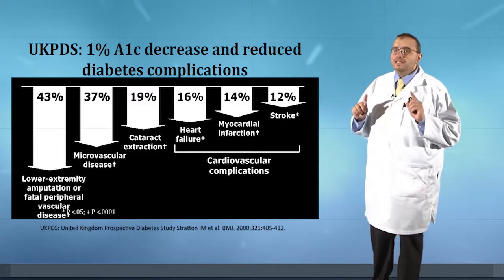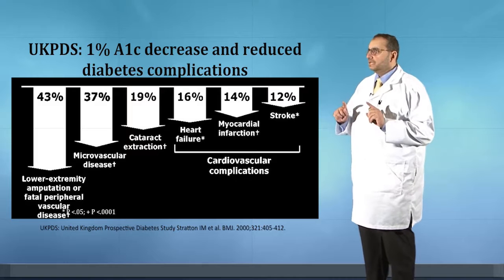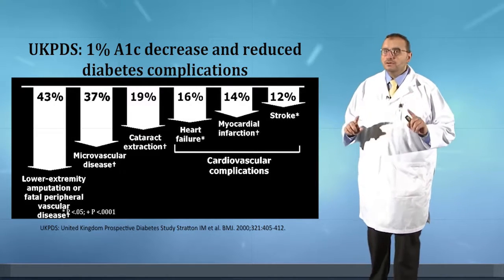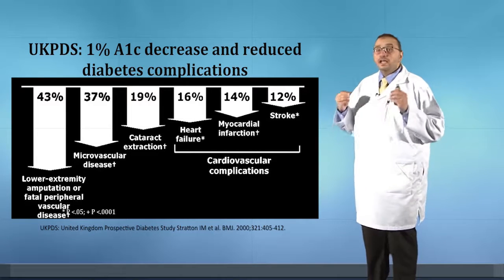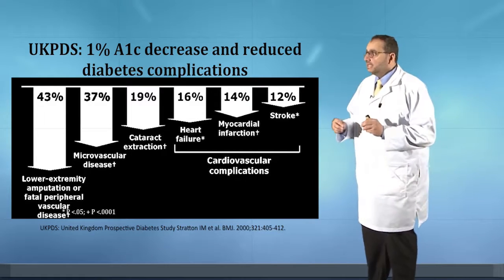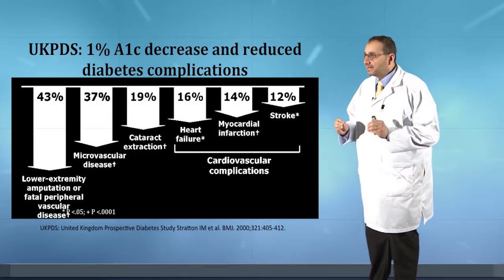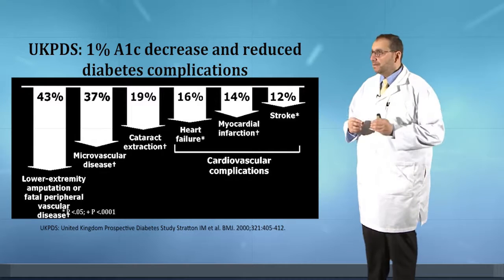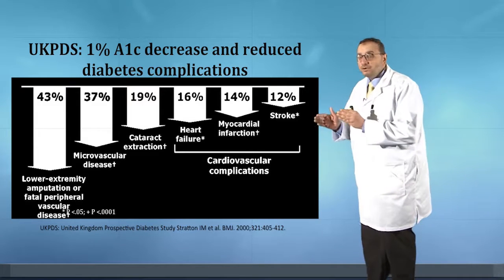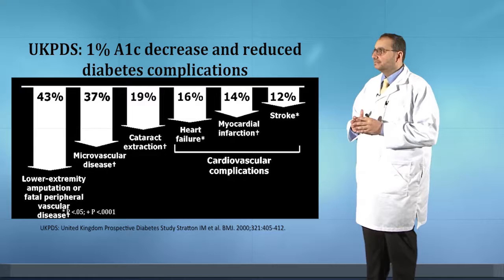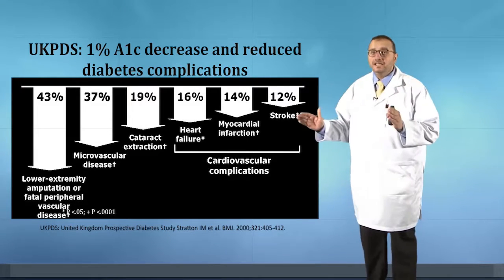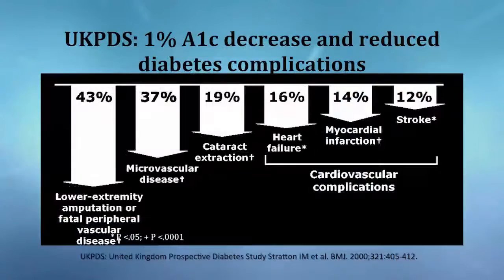For every 1% drop in hemoglobin A1C, diabetic complications are reduced significantly. Lower limb complications can be decreased by 43%, microvascular disease by 37%, cataract complications by 19%, and heart disease, myocardial infarction, and stroke by 16 to 12%.